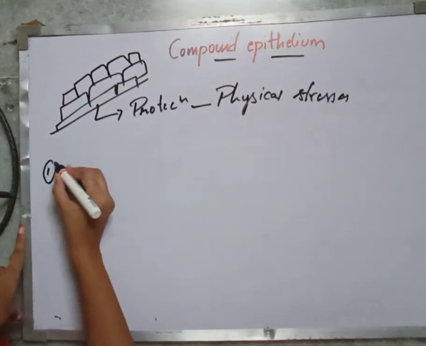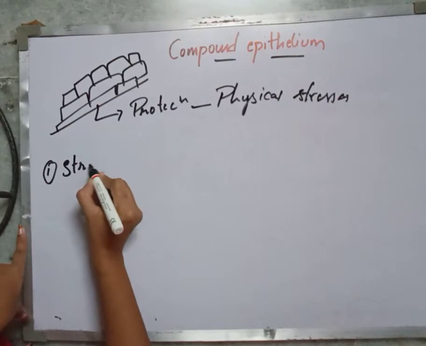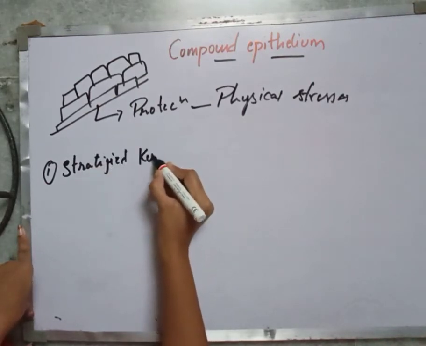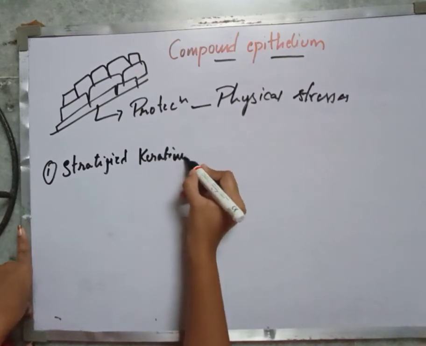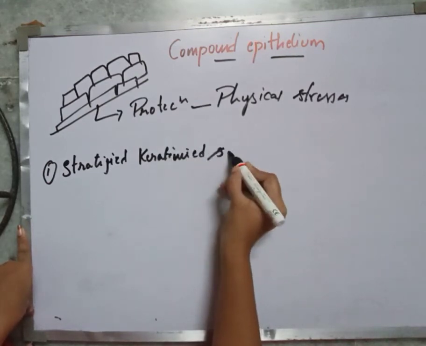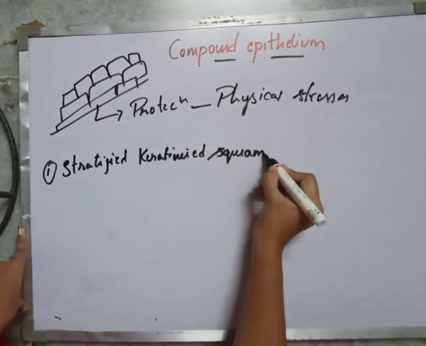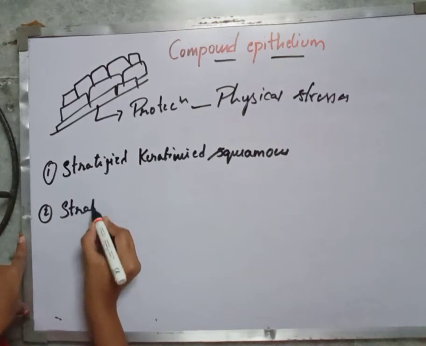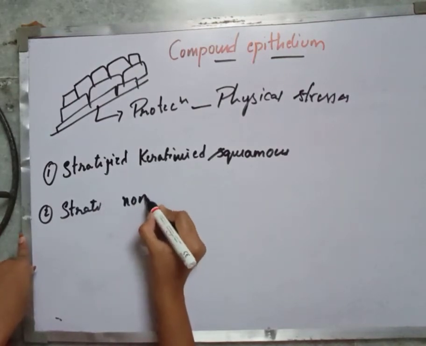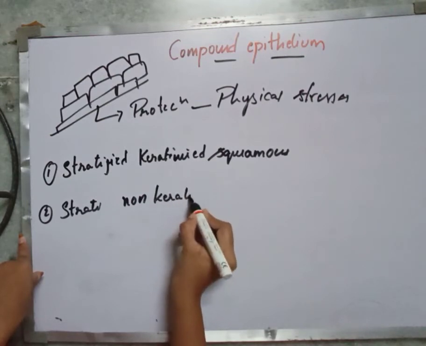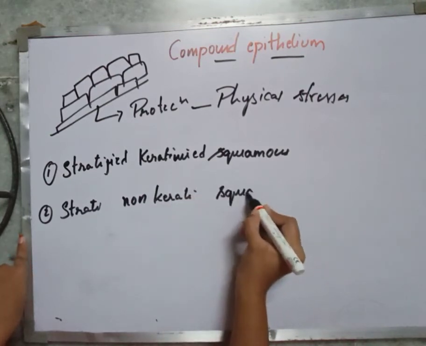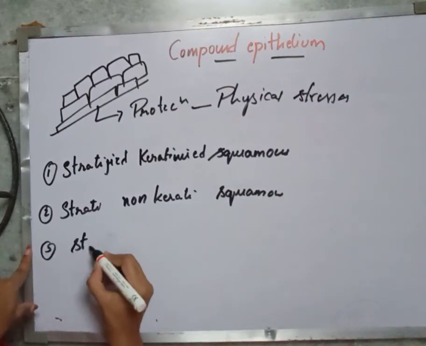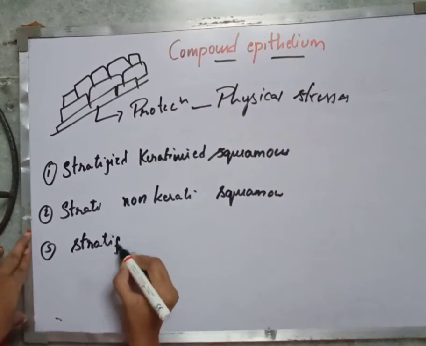They are stratified keratinized squamous epithelium, the second one is stratified non-keratinized squamous epithelium, and the third one is stratified columnar epithelium.